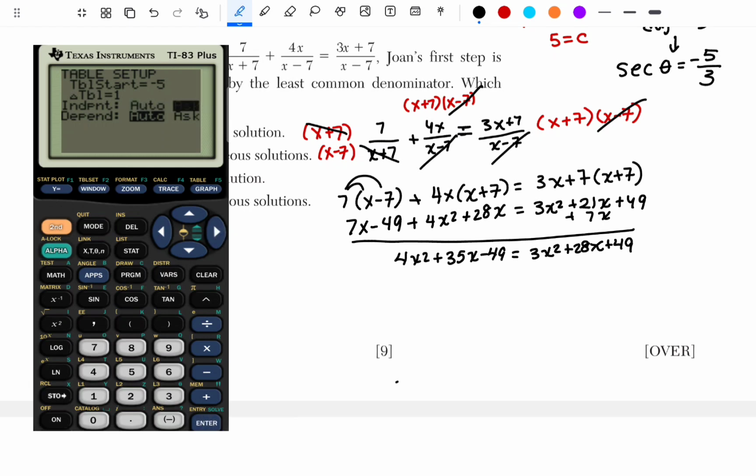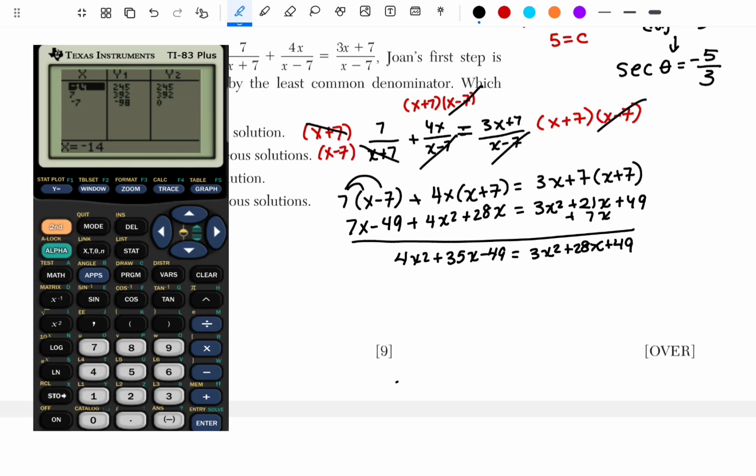Why we're changing it to ask is because I want to use the answer choices. We know that they're giving us three solutions: -14, 7, and -7. So I changed independent to ask. Dependent, I kept it auto. So that means that we're changing the x, we're putting in what x we want, and dependent, we're keeping it the same. Then you're going to do second graph. You get your table of values.